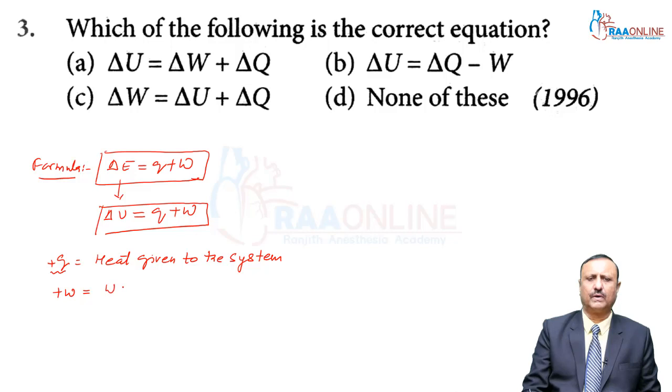It means work done on the system. When work is done by the system, then my dear students, it is minus W. Minus W means work done by the system.